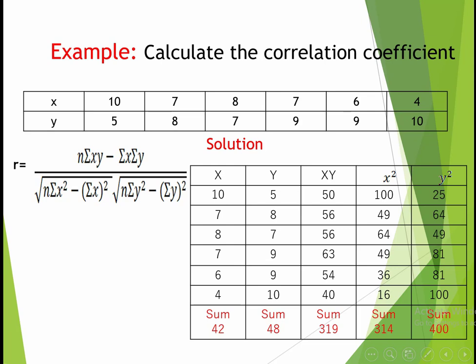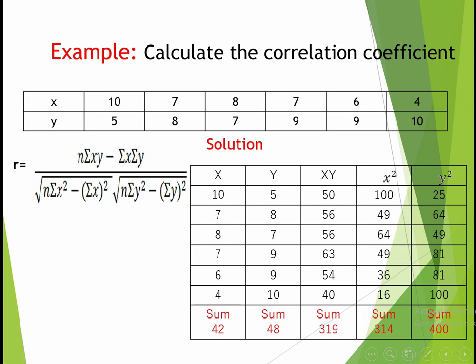Now we are going to substitute each variable here by the sum. First, we said that r equals n, which is the number of values. Let's count 1, 2, 3, 4, 5, 6. We have 6 values.